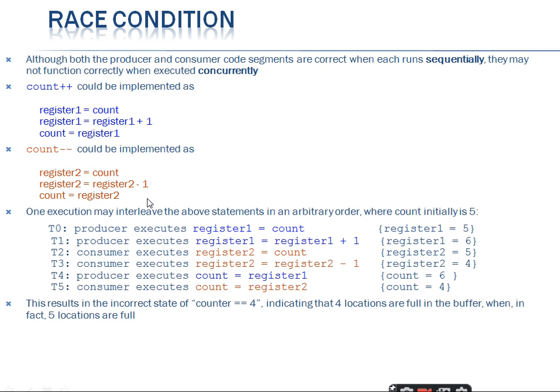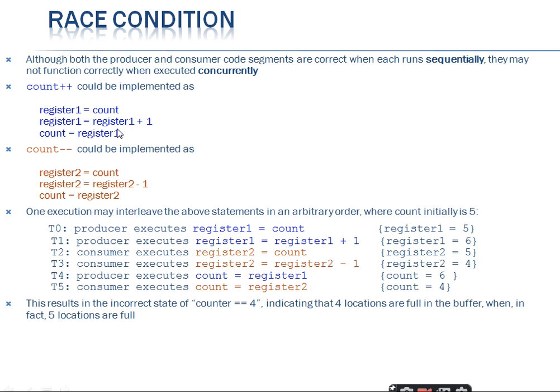Now let us see how they can result in data inconsistency. Here we have count incremented. So count++ could be implemented as a sequence of code, obviously using internal registers. The count value is loaded into register 1.